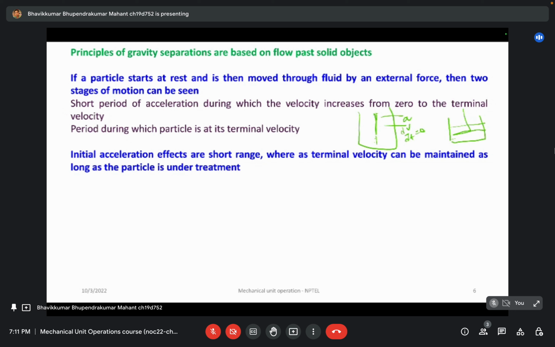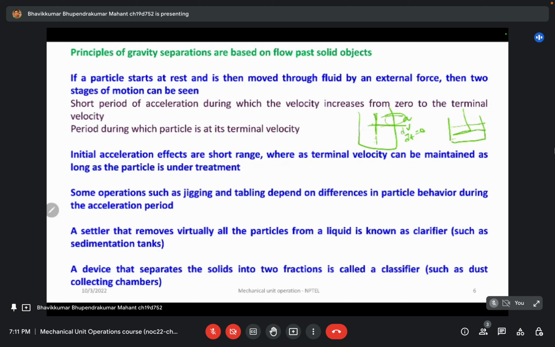That's why in some operations this initial acceleration is of great interest, and the design of the equipment is based on it. Initial acceleration effects are short range, obviously, because they only cover a short span of the particle's travel. Whereas once the particle achieves terminal velocity, its velocity will be constant with no change, and it can be maintained as long as the particle is under treatment.